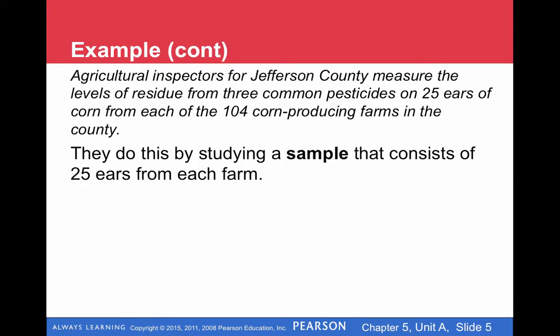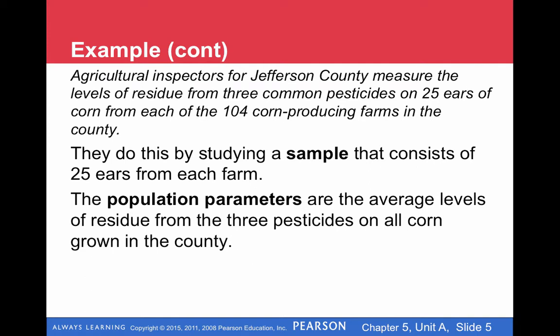So in order to figure out information about all the ears of corn in the United States, they sample 25 ears of corn. So the sample is the number. Every time we have a sample, you'll know the number. The sample will always be some number of things that you're sampling from the population. In this case, it's 25 ears of corn.